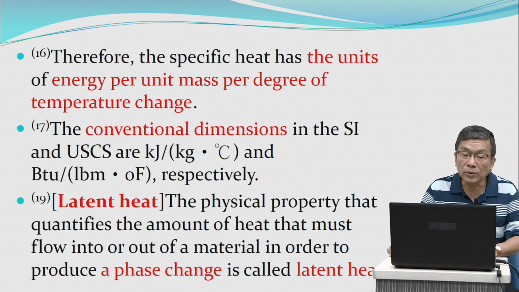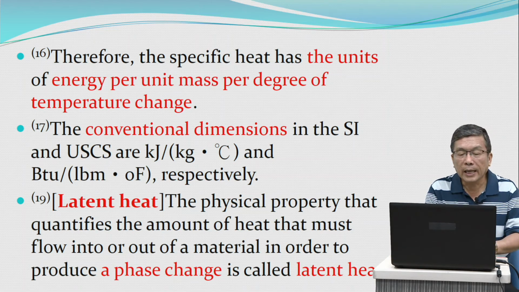The conventional dimensions in the SI and the USCS are kJ per kg times degree Celsius and the BTU per pound mass times degree Fahrenheit, respectively.